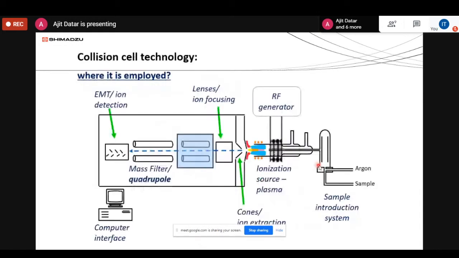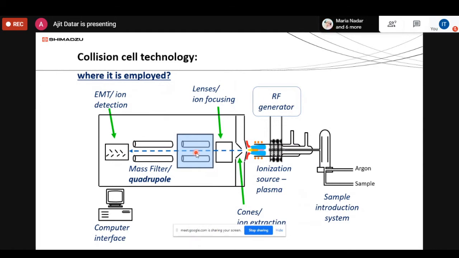So this is how the plasma is generated here. There are two cones which allow the ions to get in. The neutrals and other things are eliminated. It then goes to what we call the collision cell, where we try to remove the molecular interferences.